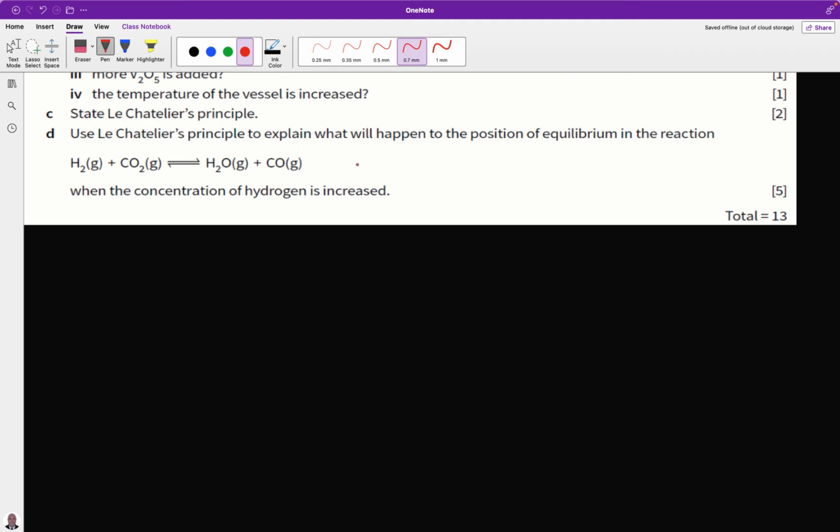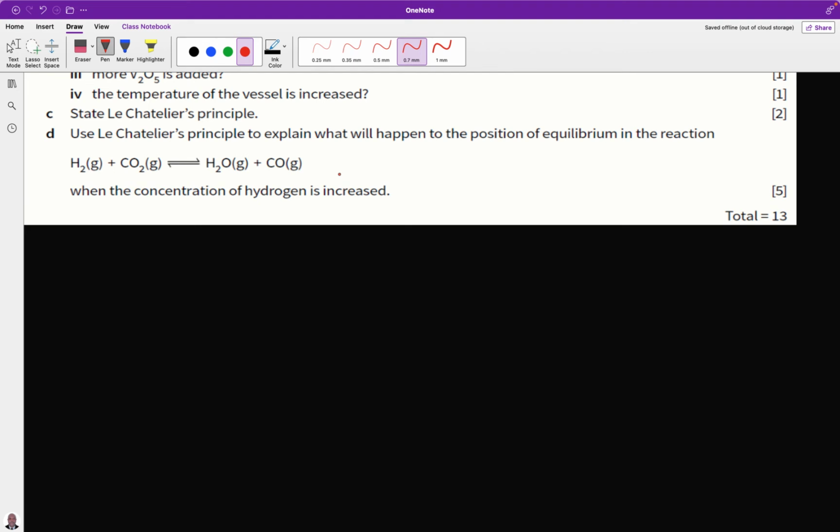What will happen to the position of equilibrium in this reaction when the concentration of hydrogen is increased? We have two gaseous molecules on each side, two here and two here. So pressure has no influence.